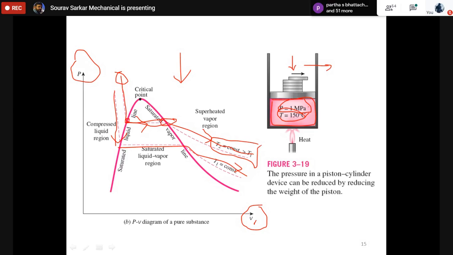So by two ways you can achieve boiling. One way, you can supply heat: the liquid temperature will shoot up to boiling temperature, then the phase change will happen. Or you keep your temperature constant and simply reduce the pressure. After reaching a certain pressure at that temperature, the saturation pressure will match, and that time also boiling will happen.